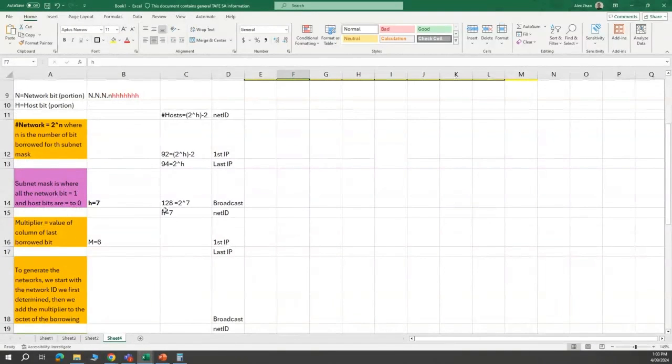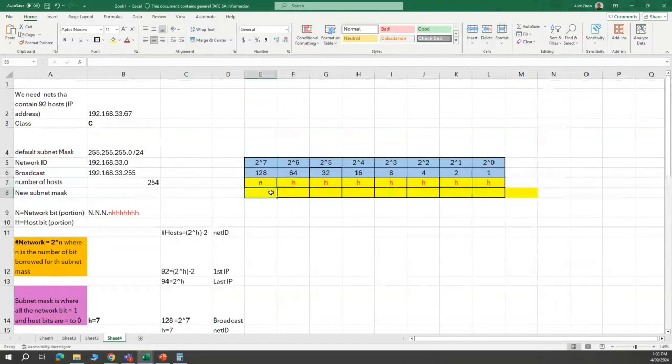And our subnet mask is where all the n's equal 1 and all the h's equal 0. If we convert that into a binary number, it's really easy, this one. Our new subnet mask is going to be 255.255.255.128, which is equivalent to /25.